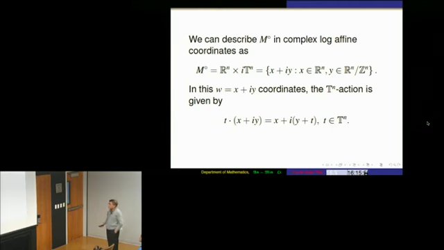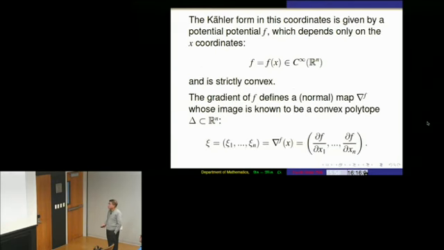In this coordinate, the T^n action is also very simple. The Kähler form in this coordinate is given by a potential function f, which depends only on the x coordinate, independent of y. So we write f equal to f(x), and f is a smooth, strictly convex function.